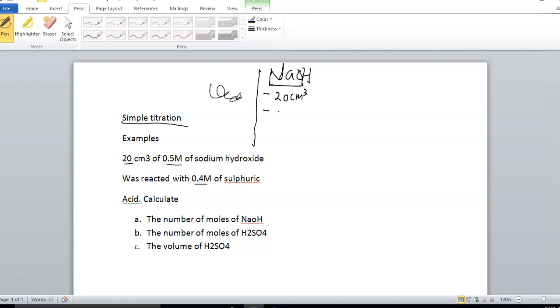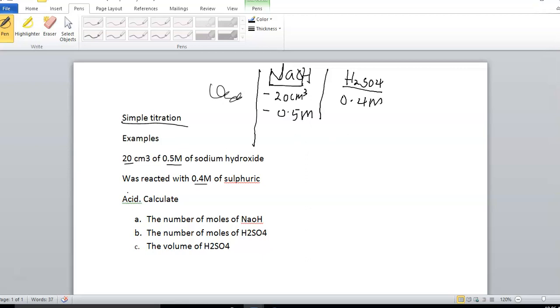We also have another solution, sulfuric acid. They only give us the molarity, which is 0.4 molar. We don't have any other information about sulfuric acid.